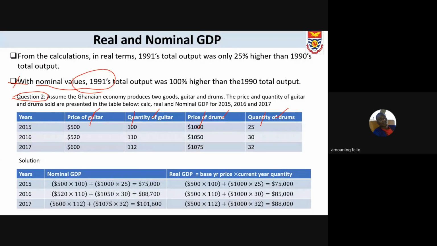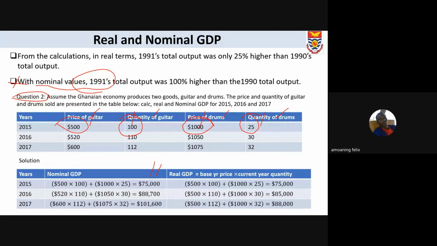If you look here, in 2015, the price of guitar is $500 times the quantity of guitar produced, which is 100 units, plus the price of drums, which is $1,000 times the quantity of drums produced, which is 250. When you sum the two, you get $75,000. That's the nominal GDP.